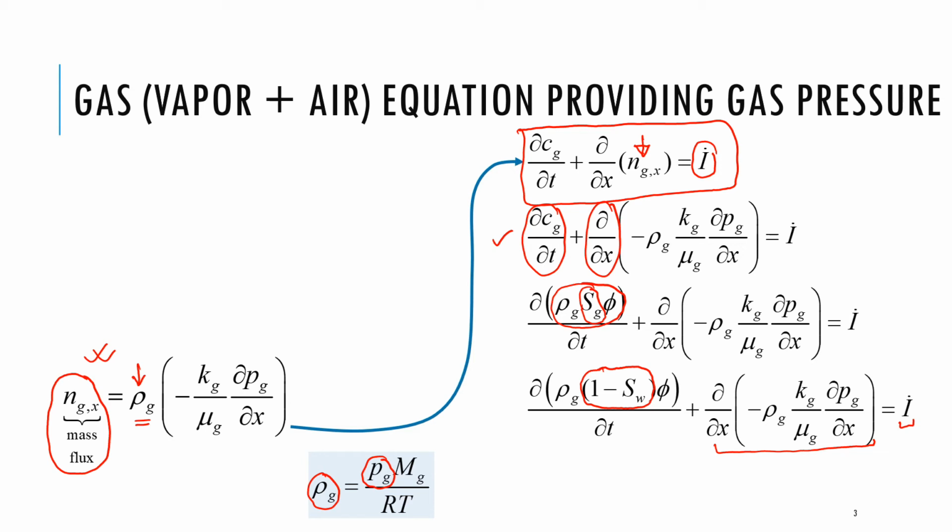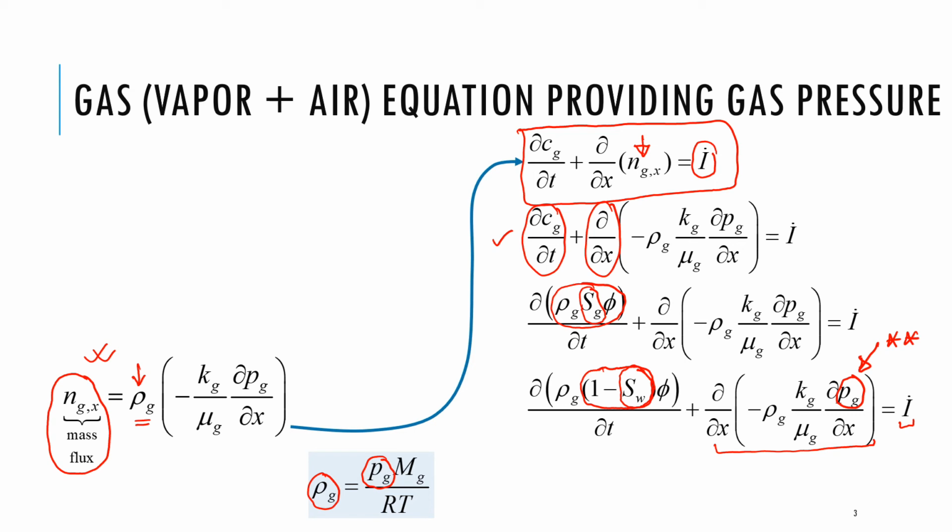Note that before, with these transport equations for water, for example, we were solving for the saturation of water. So we already have an equation for saturation of water. So we're not solving this one for saturation of water. We are actually solving this equation for pressure.